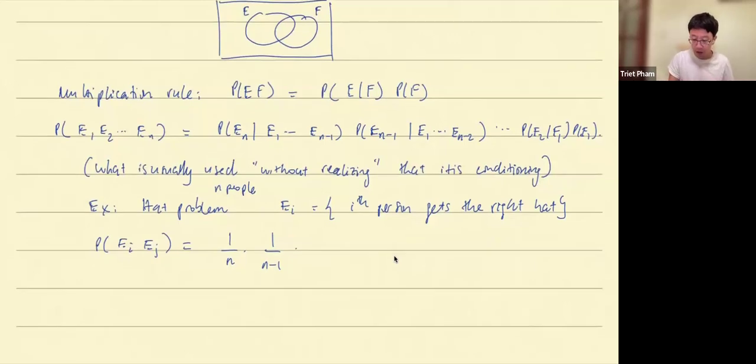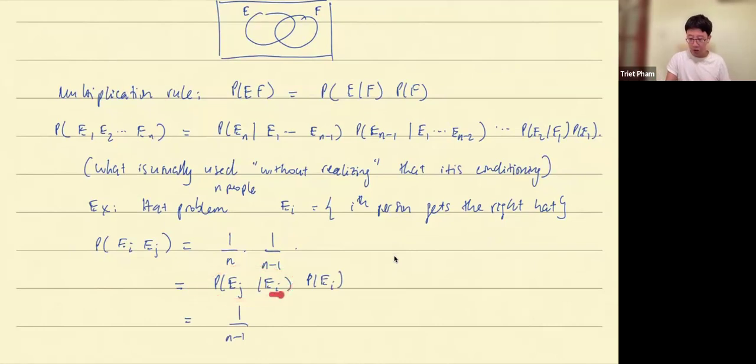Well, that's correct. But the justification behind this is that this is the probability of Ej conditioned on Ei times P of Ei, which is 1 over n minus 1 for this one.